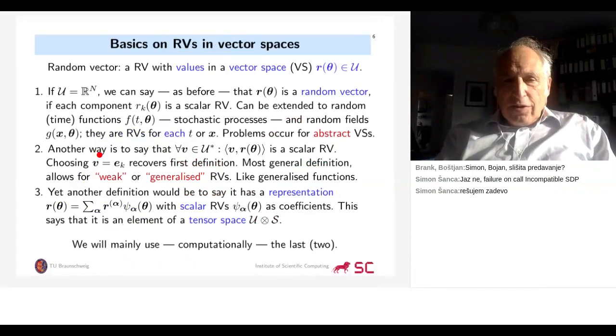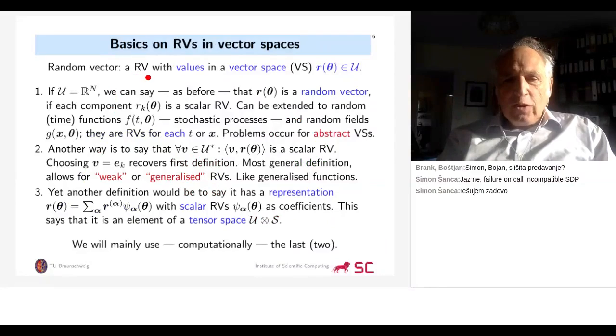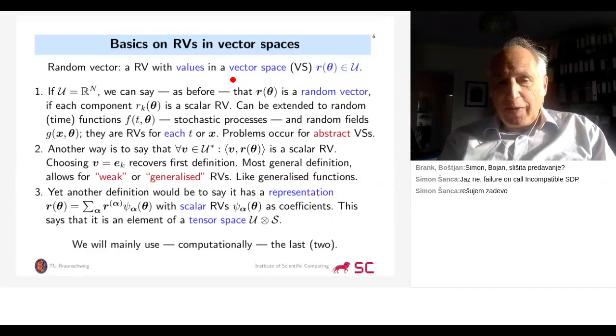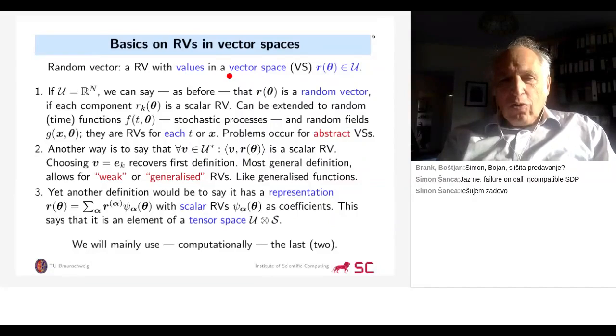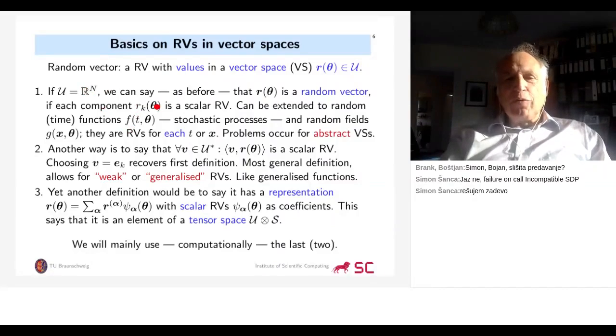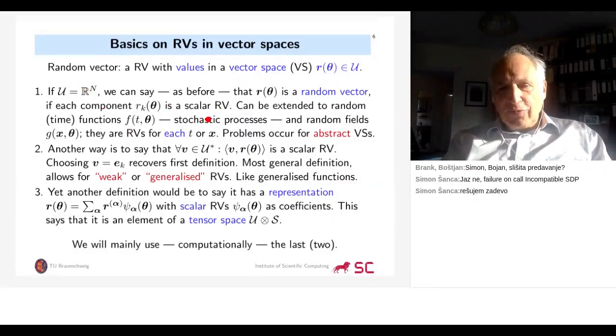Good. So let's first look at what is a random vector in a vector space. A random variable in a vector space is a random variable which takes values in the vector space. That's the easy thing to say, but what does it mean more concretely? If this is finite dimensional like Rn, then you can say each component is a scalar random variable, and we finish with that.